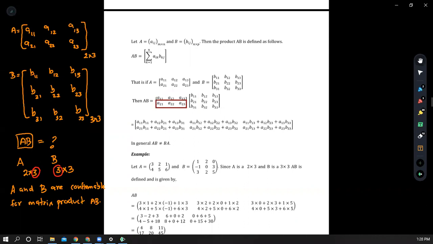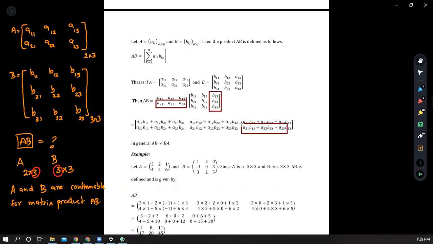Similarly, since we have finished the calculations with the first column, now we can move to the second column of the second matrix. Therefore, we can consider this column. Then we can get the quantity in the second row, second column. Using the same concept, we can obtain this value, and since we have finished that calculation, we can move to the third column as well.